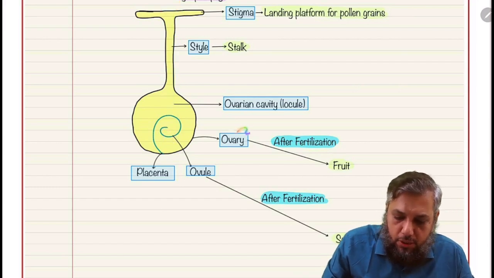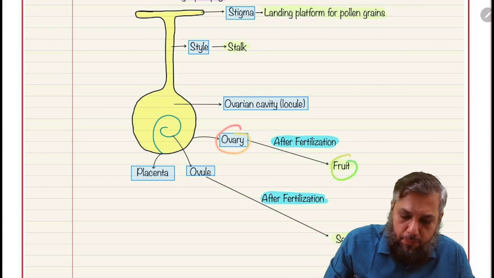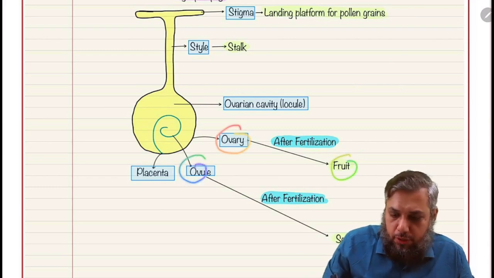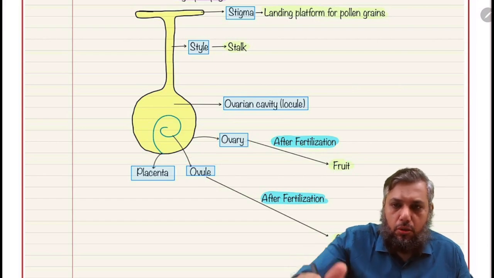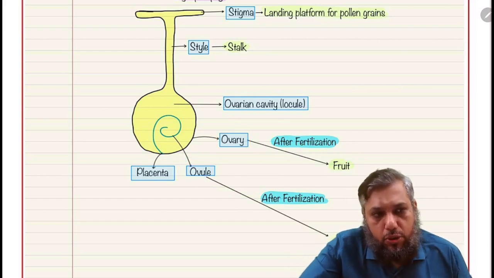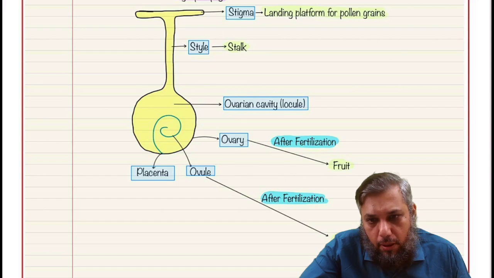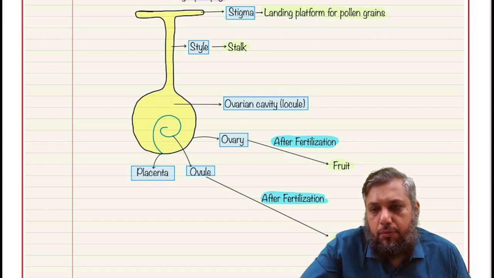And after fertilization, the ovary will change into a fruit and the ovule will change into a seed. So it is the female gynoecium, or rather the carpel, the ovary and the ovule part of the carpel, which are to be carried forward to the next generation.